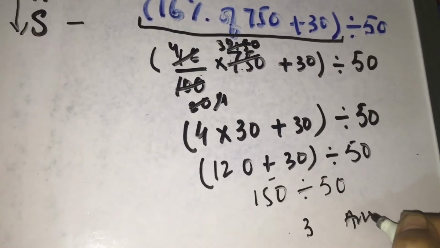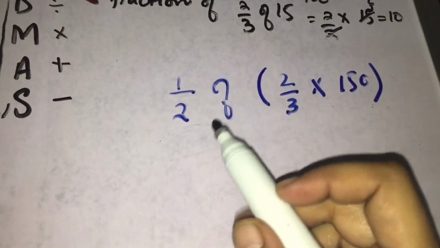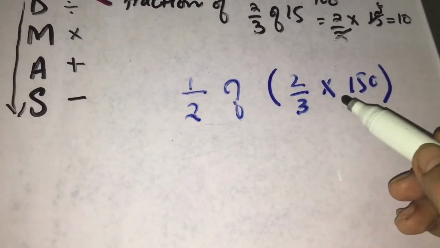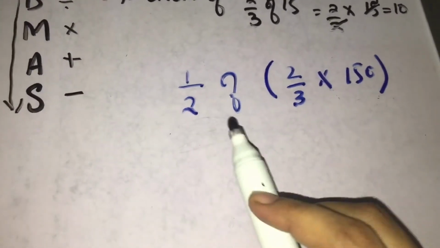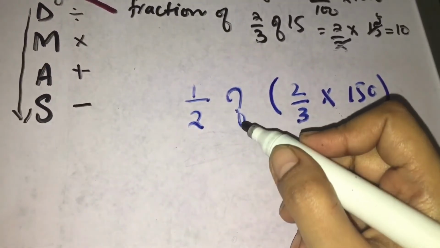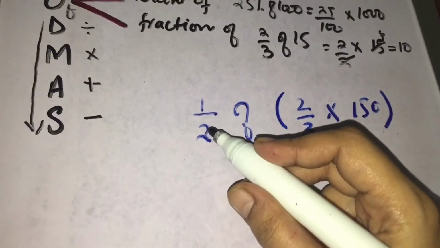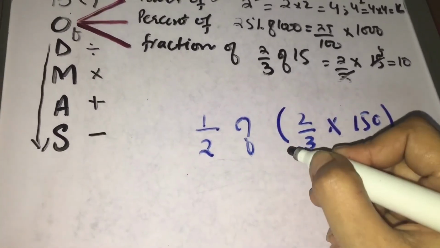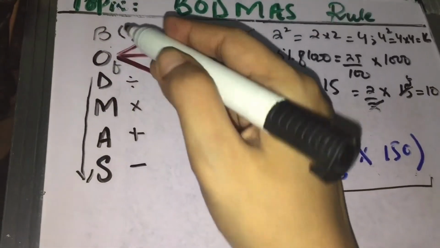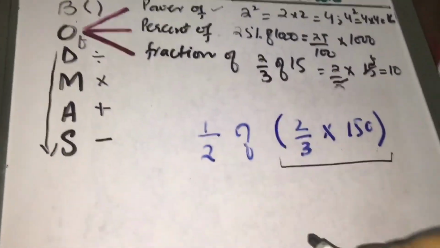This is the answer. And the last example is 1 upon 2 of 2 upon 3 multiplied by 150. In this case, there is a bracket and a fraction also. So first of all I will solve the bracket, because in this priority order the bracket always comes first.